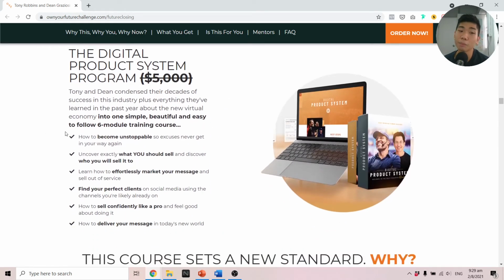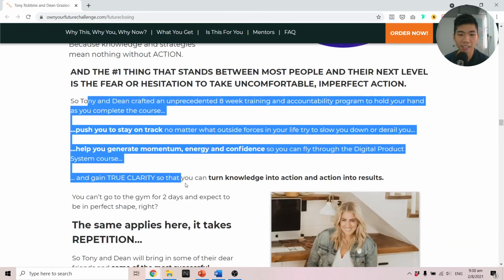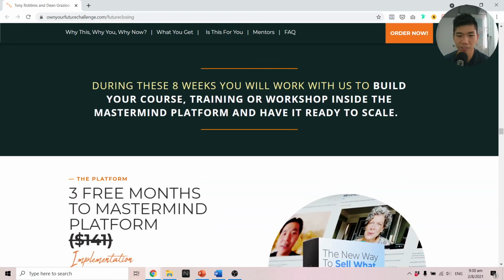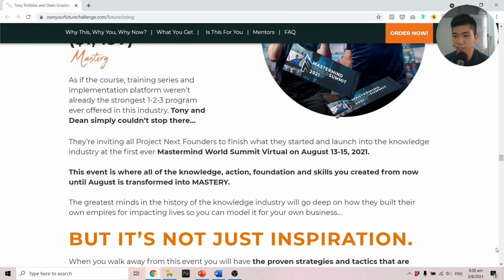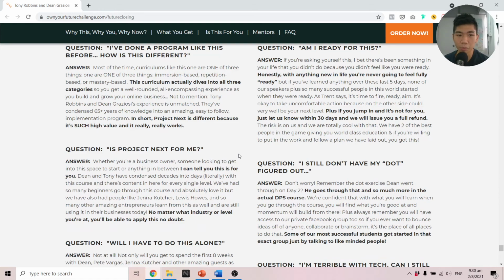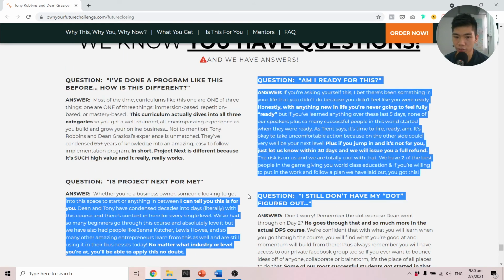Again, they're selling the benefit, you can see, and what you're going to get, the bonuses. Create an irresistible offer, make people think this price point is a no-brainer, right? I won't go through it. Again, the Q&A section is really important, because the Q&A section answers the objections.